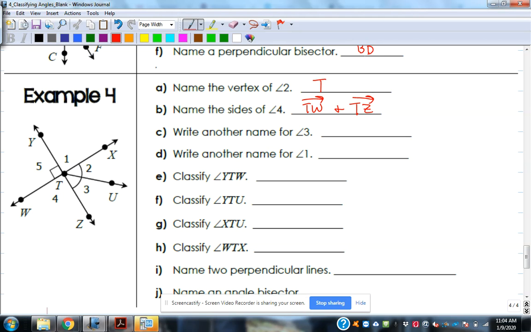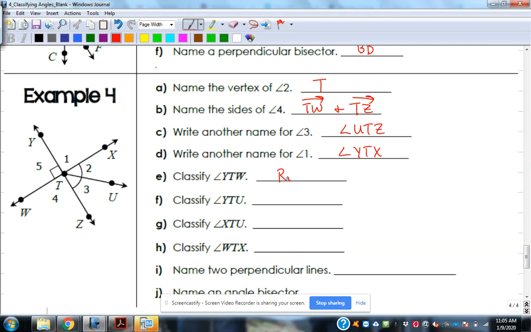Write another name for angle 3. UTZ. Good job. Another name for angle 1. Yeah, YTX. Good job.